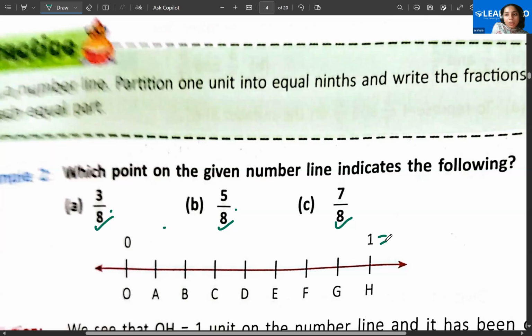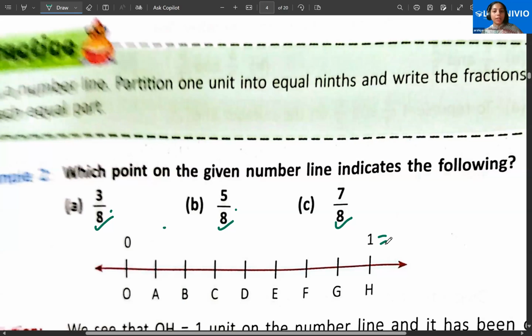Think about it. We just did it. How will you get 1? We also made a note about it. When will we get 1? 4 by 4 will be 1.